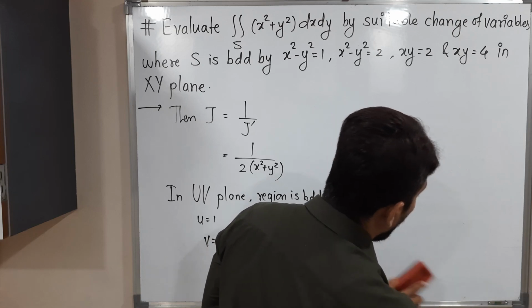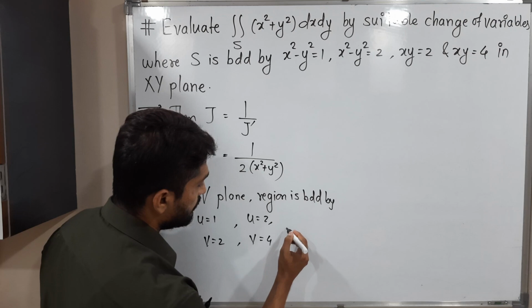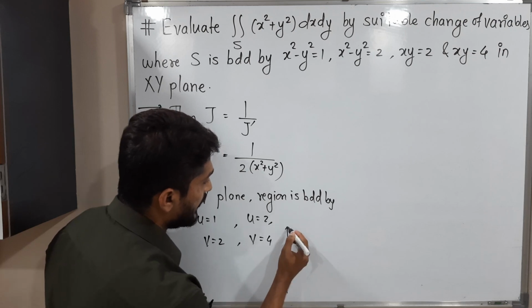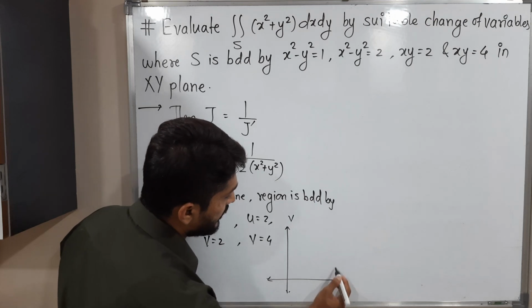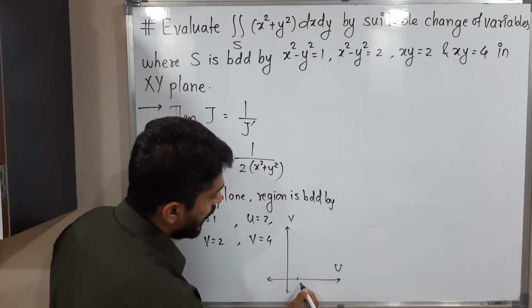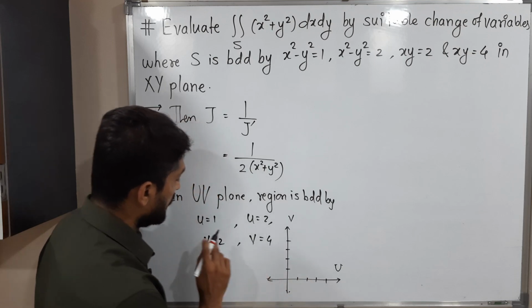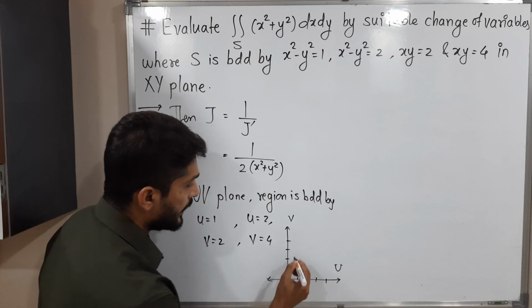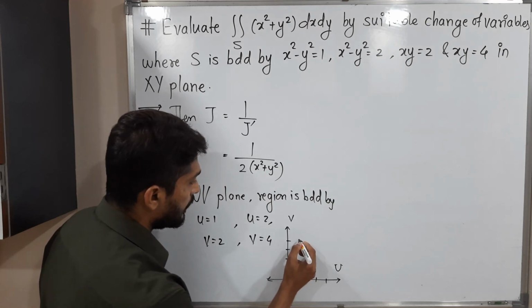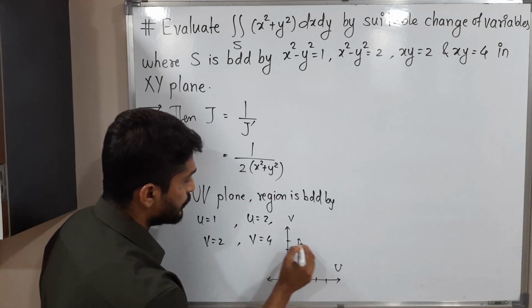So let me draw a rough sketch here, okay? So this is the v axis and this is the u axis, right? This is 1, 2, 3, 4. 1, 2, 3, 4. So u is equal to 1 is a line parallel to the v axis, passes through u is equal to 1.